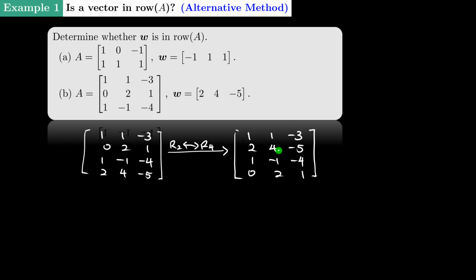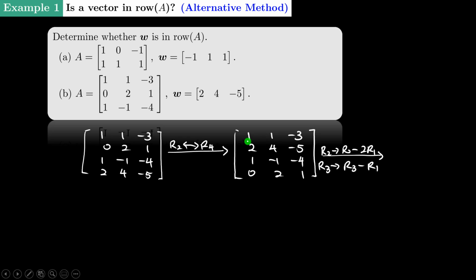So here row 2 and row 4 are swapped, and then we proceed to reduce it to our REF. Okay, here we perform two row operations. Row 2 becomes row 2 minus 2 row 1, and then we also have row 3 becomes row 3 minus row 1.